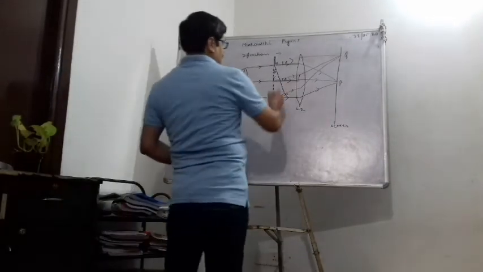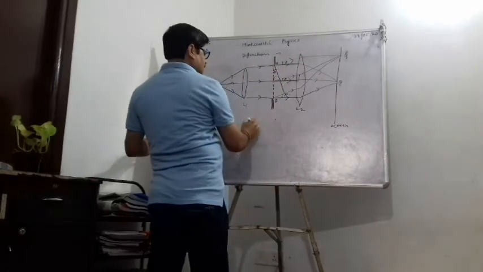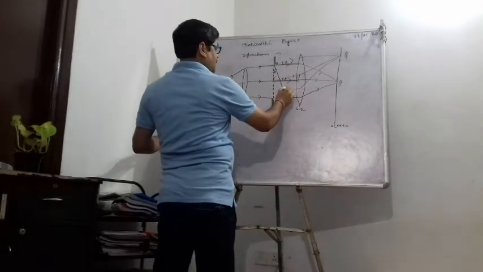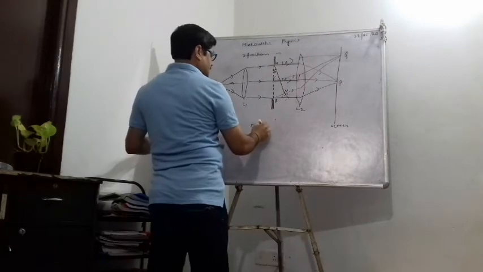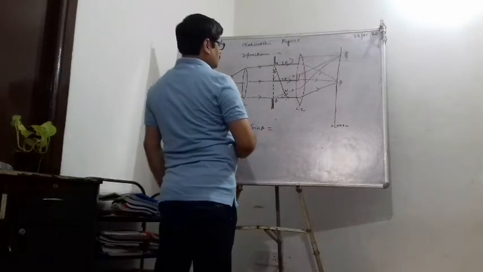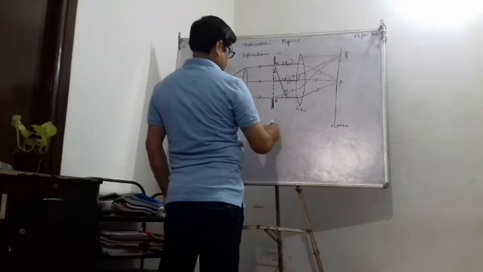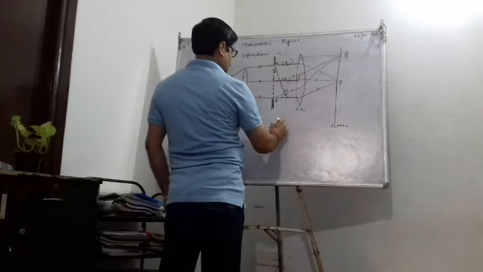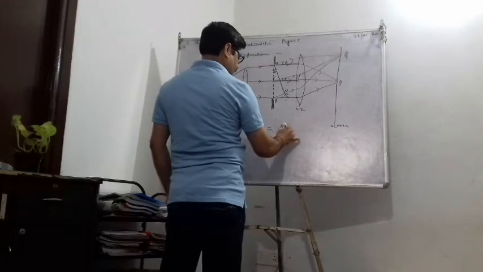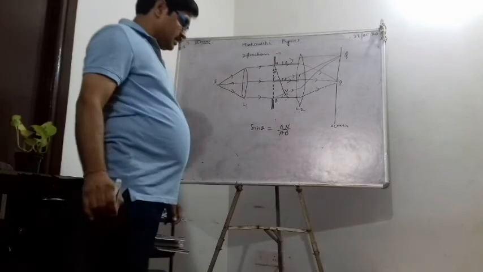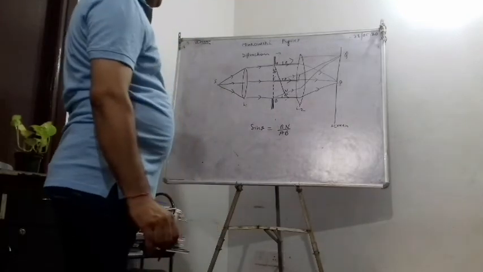So this angle theta is calculated. If this point is N, then sine theta is equal to BN by AB.